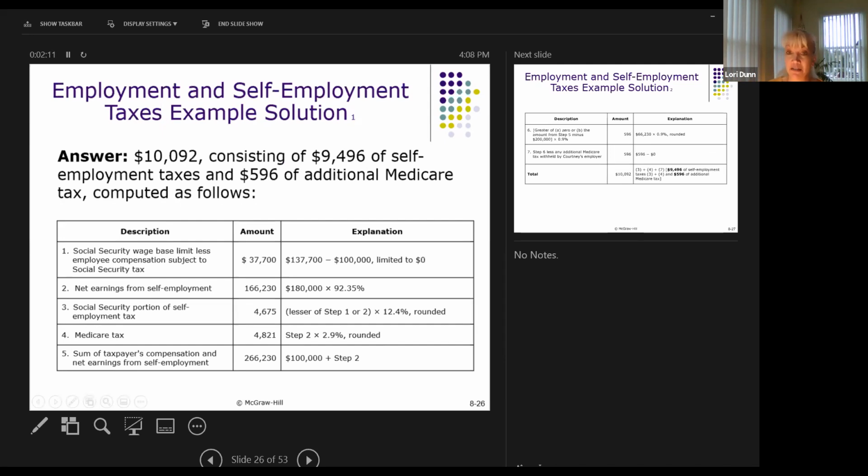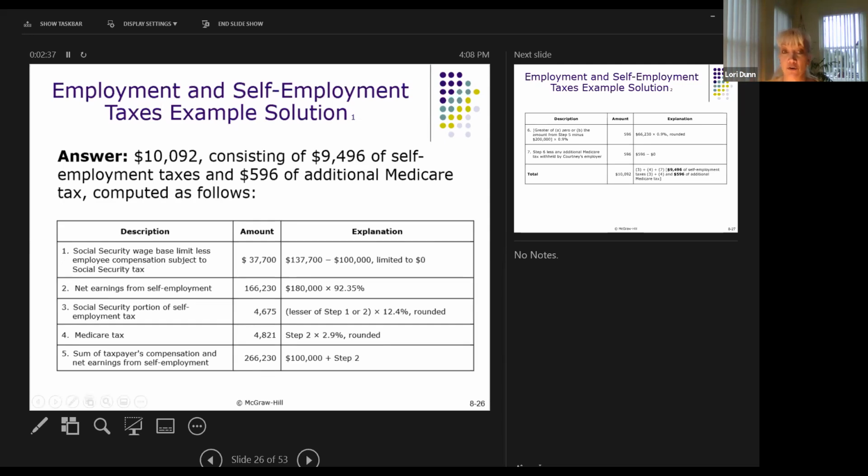Well, she's already been taxed on $100,000 of gross pay. So only $37,700 more, or that part of her self-employment income, can be used to calculate the Social Security portion of her self-employment tax.